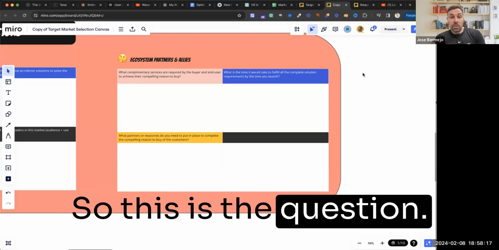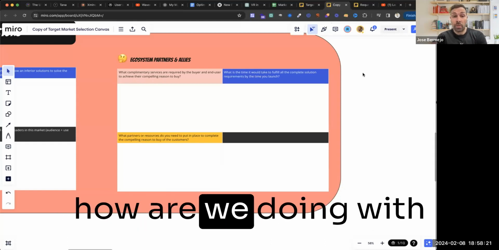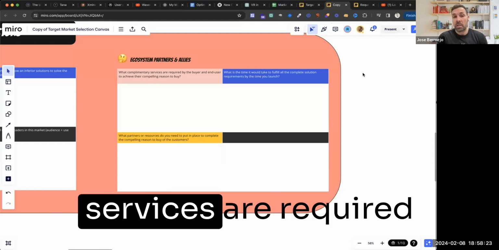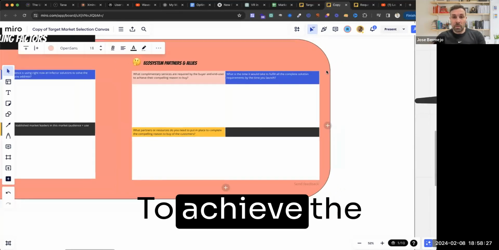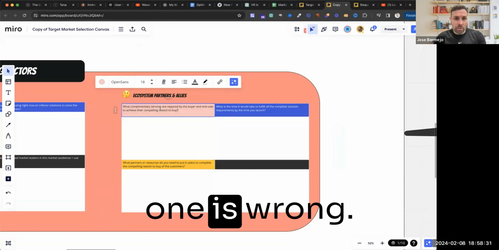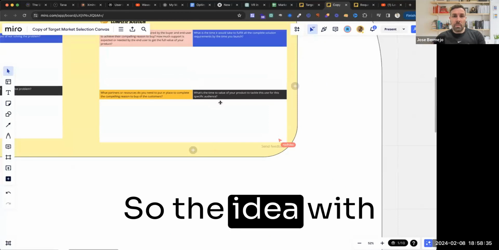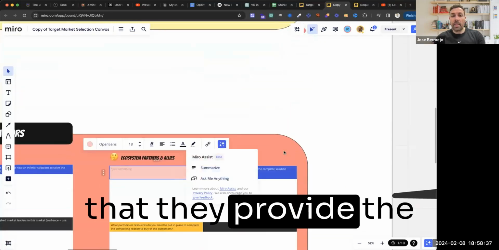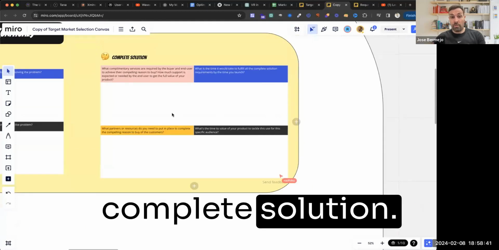So here are different questions to understand how we are doing with partners and allies. What complementary services are required by the buyer to achieve the compelling result? Actually, this one is wrong. This one is from here. So the idea with partners and allies is that they provide the complete solution.